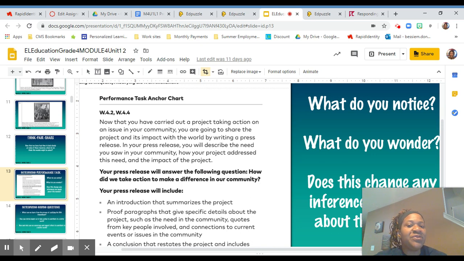So you'll have time to think about what you can do to make a difference in your community. And I think right now is a perfect time, even though we have to stay in the house, we're quarantined, and we're only around those family members that we live with. I get that. But we can come up with a plan, and maybe once this is over, something that you can put in a press release, a project that you may like to do in the future.